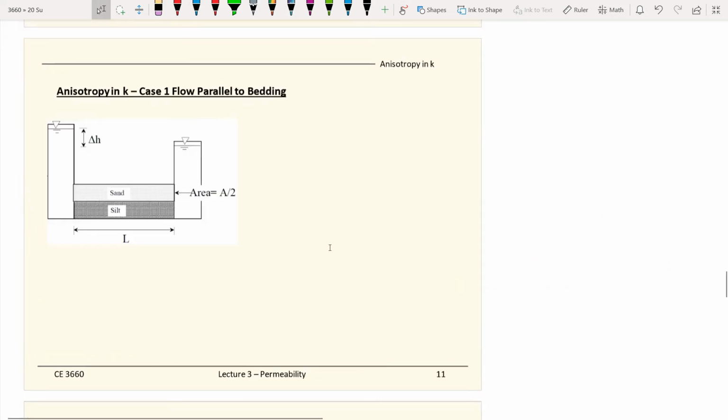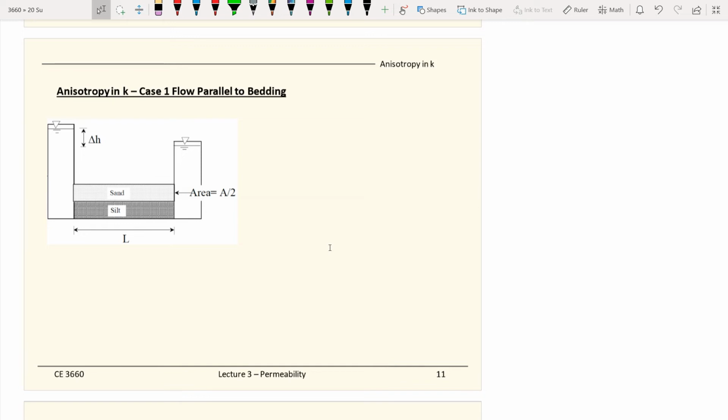Okay, now we get to another topic, the anisotropy in hydraulic conductivities. So now we step up the complexity to another level.